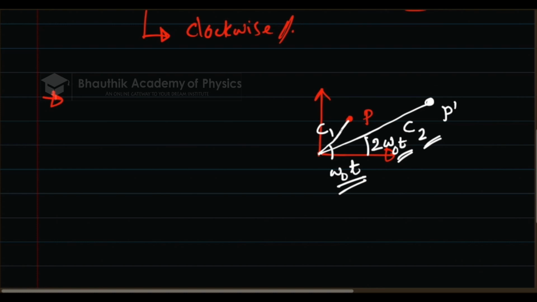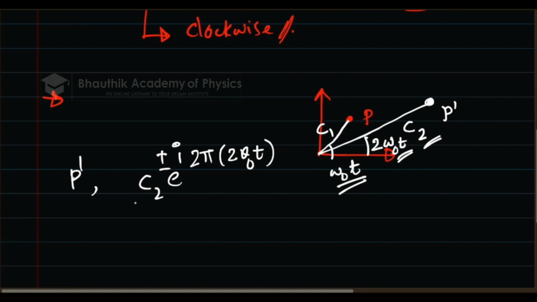So how do I represent this point P prime? P prime can be represented as C2 e raised to i 2 pi 2 times nu naught t. Depending on whether it is anti-clockwise or clockwise, you can have plus or minus. So this is how I represent P prime.